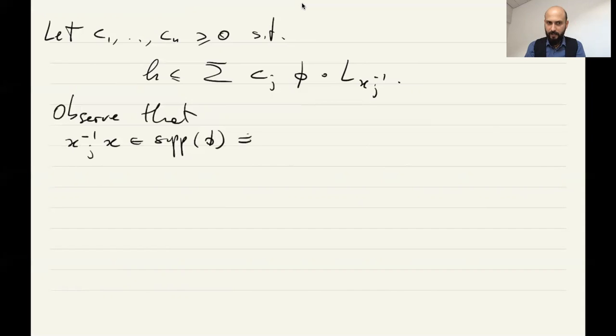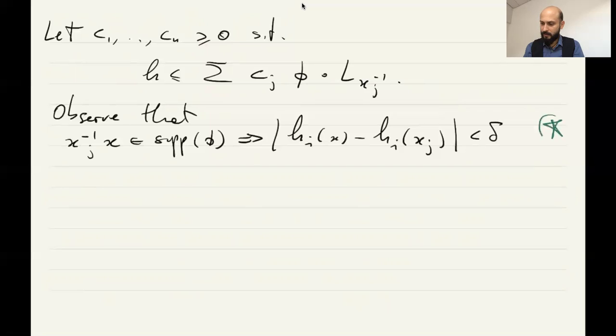Which implies that we have |hi(x) - hi(xj)| is less than delta. Let's give a number to this equation, star.